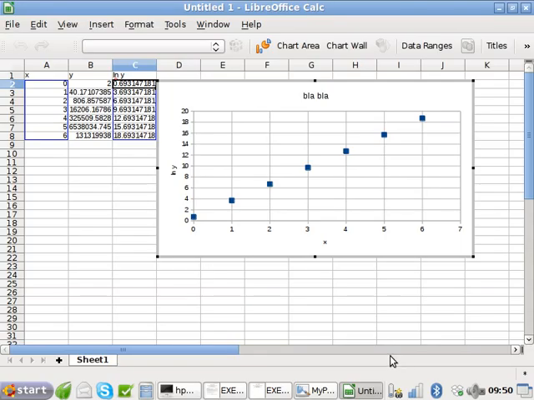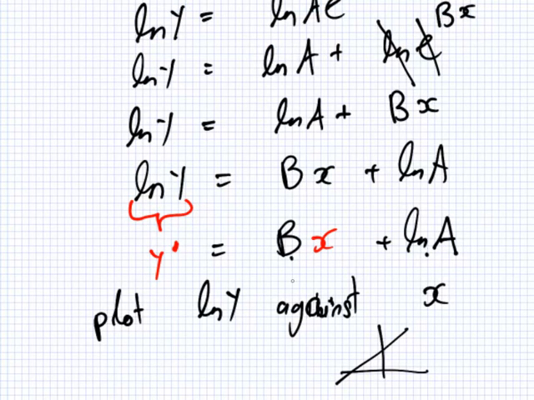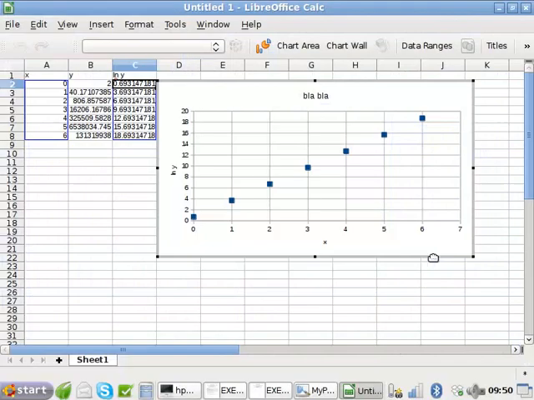And in fact, the slope of this line would be b, and the intercept will be log A, where it crosses the axis. It's the last question on that page 54, and it's a tiny bit more difficult than what you might need for the exam.